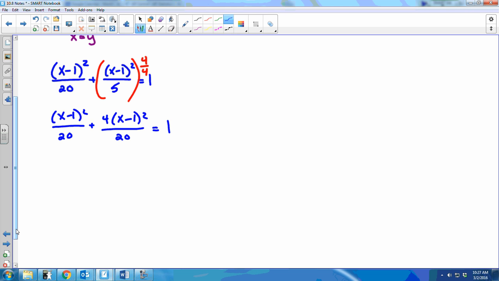Now I have a common denominator, so now I can actually combine them. Right? Now, in the numerator, you have (x minus 1) squared, then you have 4(x minus 1) squared. So you can combine the numerator as well. What's the numerator going to be if you combine it? 5(x minus 1) squared, all over 20.